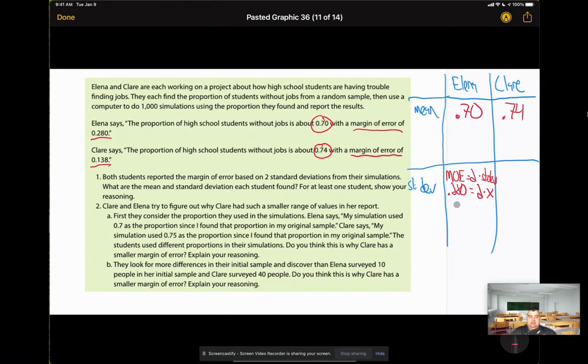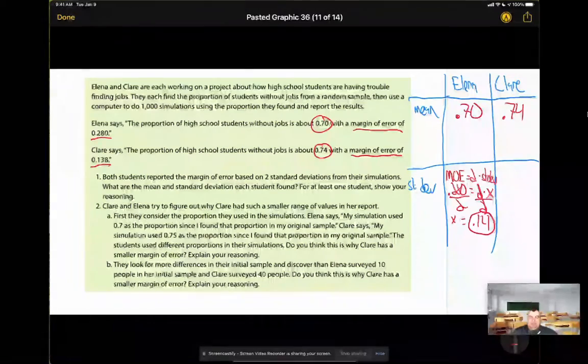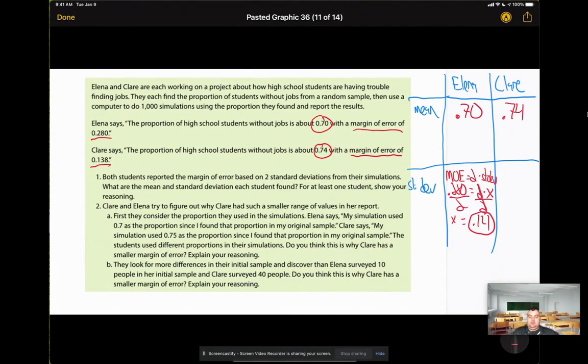Well, this is an easy equation we can solve because I can just divide both sides by 2 and get x equals 0.280 divided by 2. 0.280 divided by 2 is going to be 0.14. So the standard deviation for Elena is going to be 0.14.